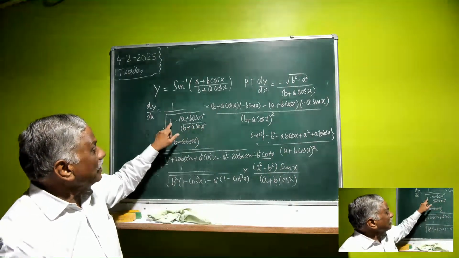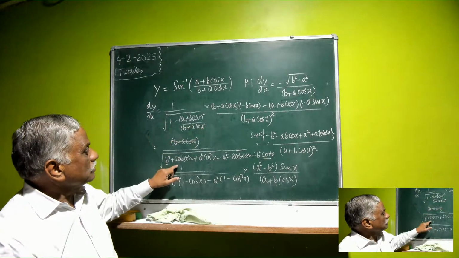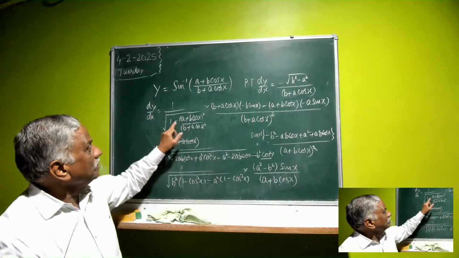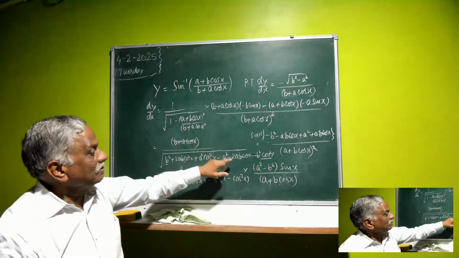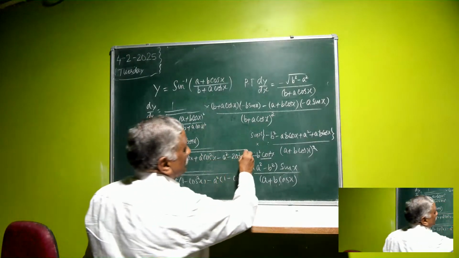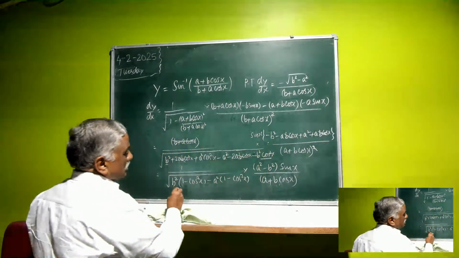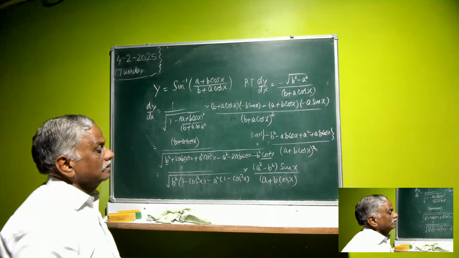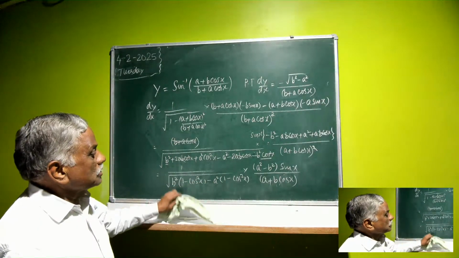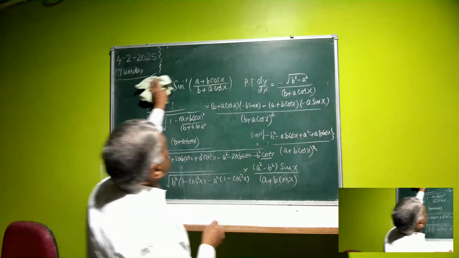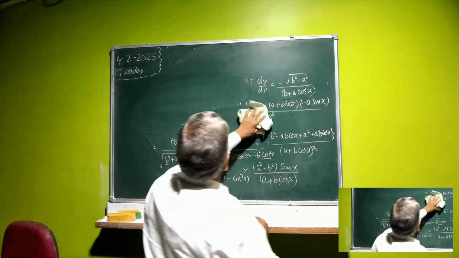When you take LCM, come here, I've expanded it. b square plus 2ab. Here, you have to be careful. It's not only expanding, but multiplying by minus sign. Now, what do you get? b square into sin square x minus b square into cos square x. 1 minus cos square x is sin square x.